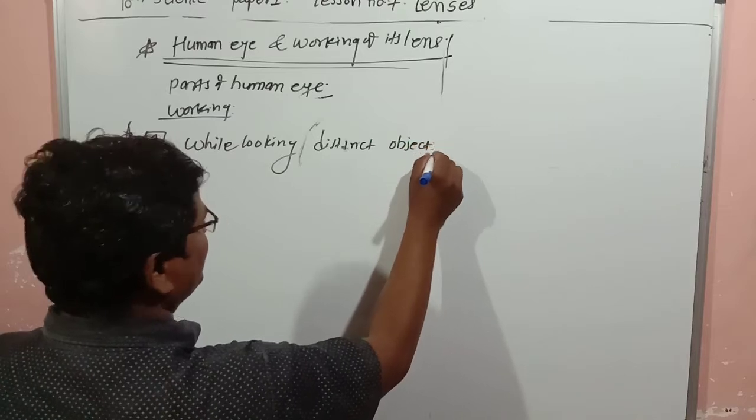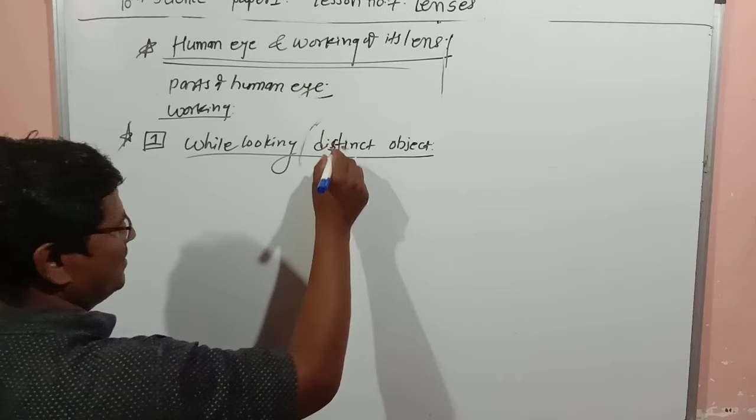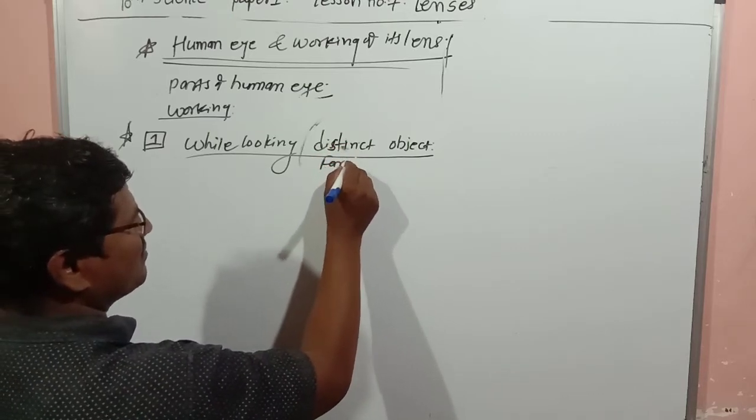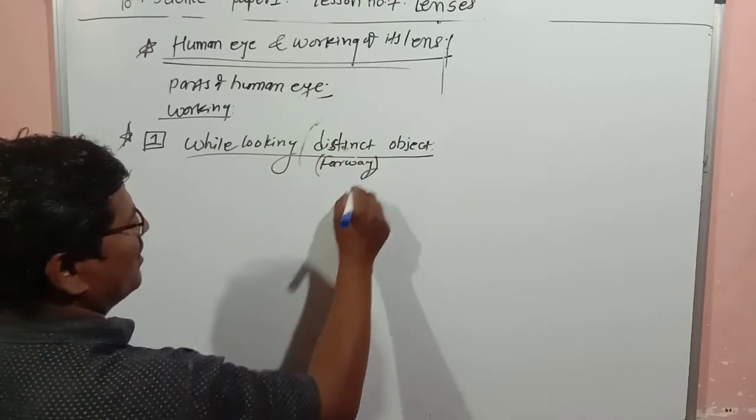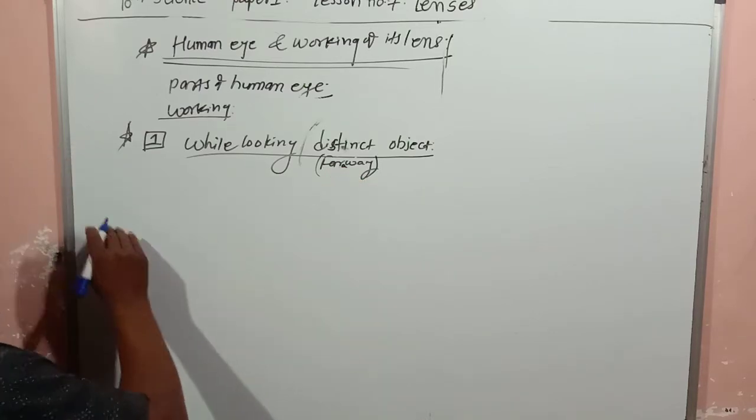While looking at a distinct object, distinct, D-I-S-T-I-N-C-T. Distinct means far away objects. So what happens?